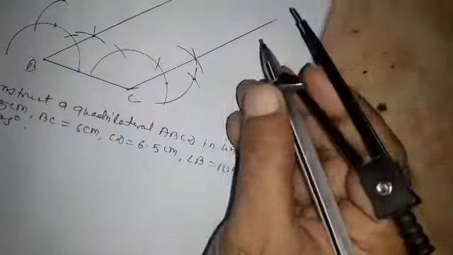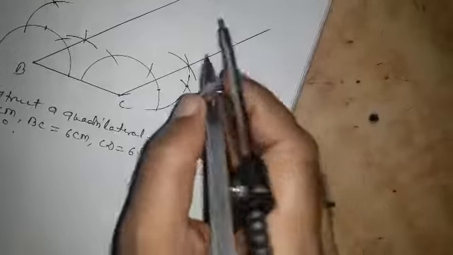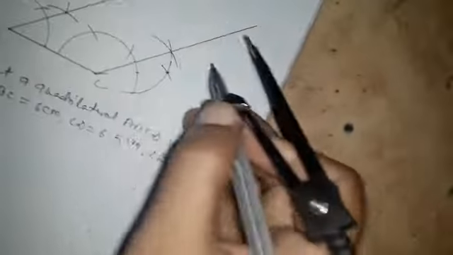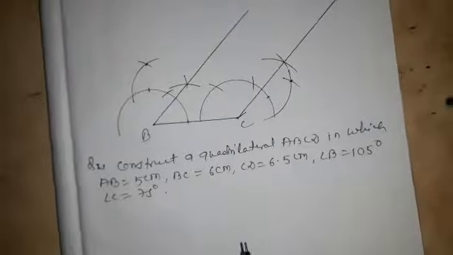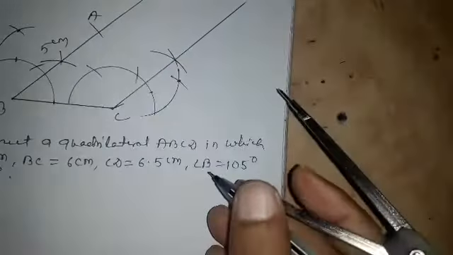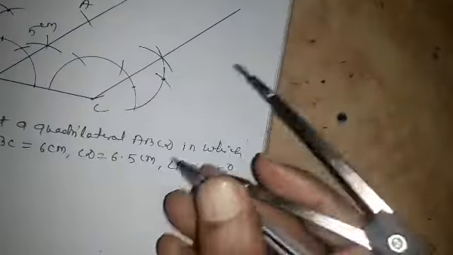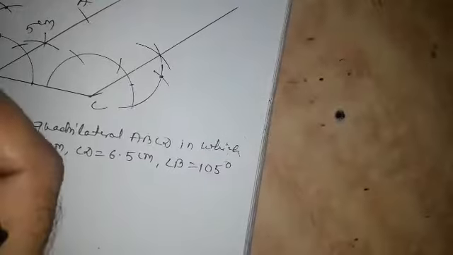Now given AB is of length 5 centimeters, so take AB of 5 centimeters.